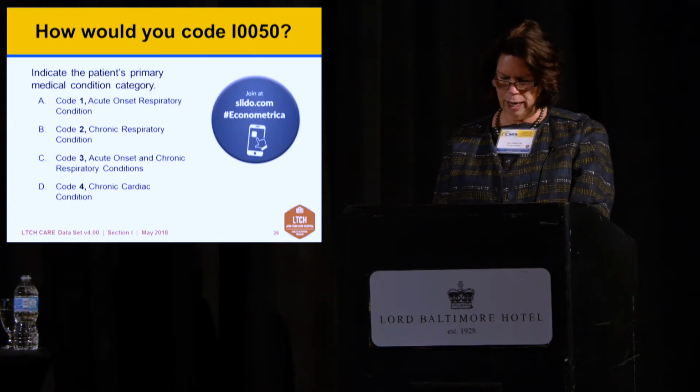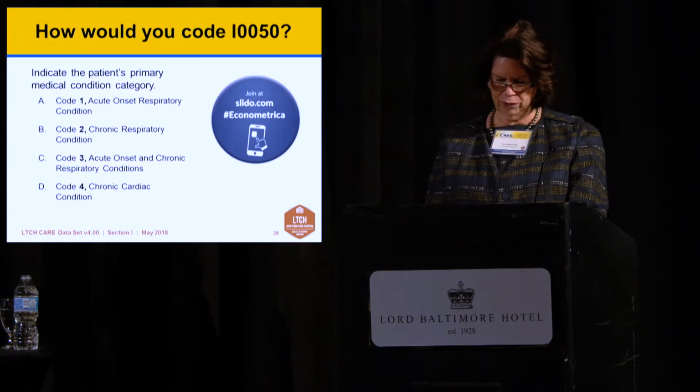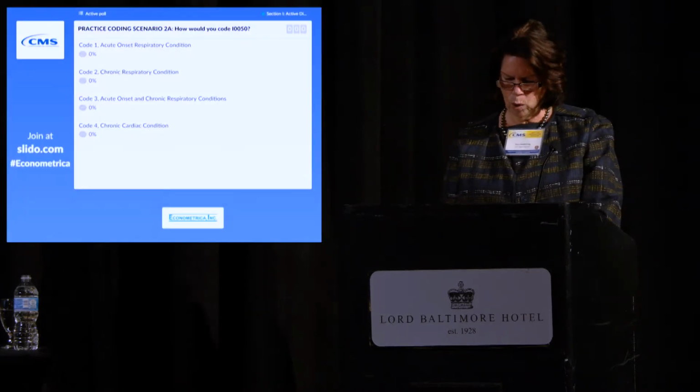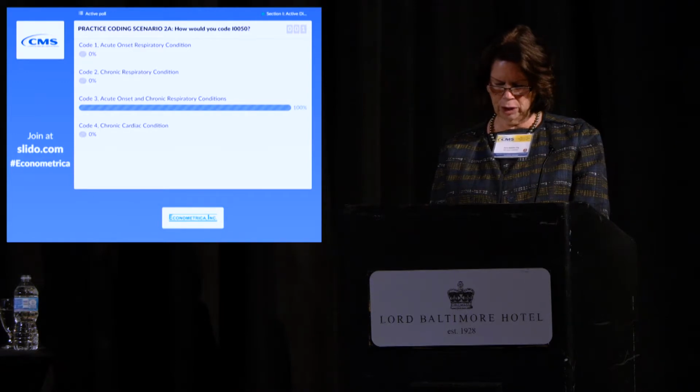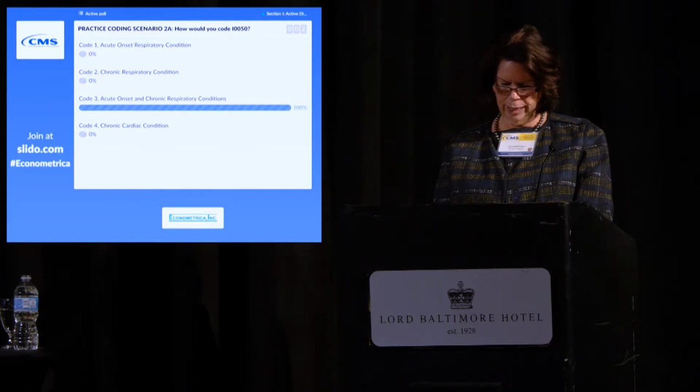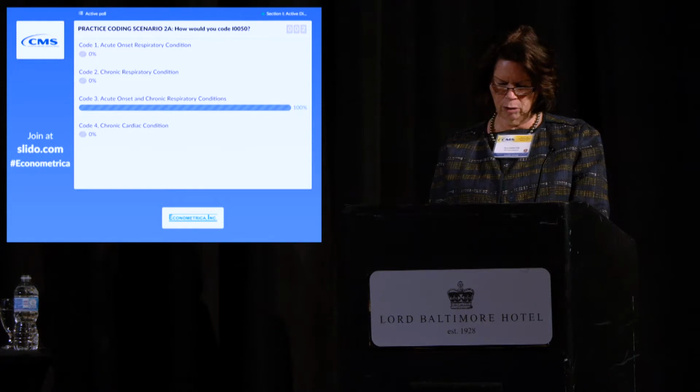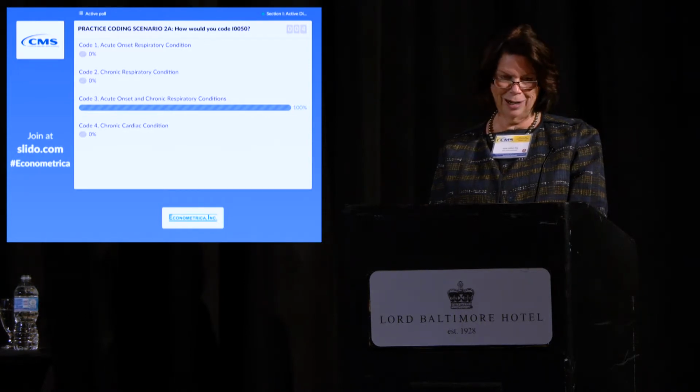How would you code I-0050? 1, acute onset respiratory condition. 2, chronic respiratory condition. 3, acute onset and chronic respiratory condition. Or 4, chronic cardiac condition.